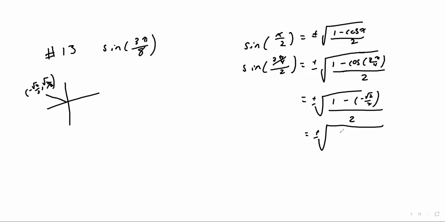So 1 plus the square root of 2 over 2, over 2. And so again, I can multiply the top and bottom by 2. And when I do that, I get plus or minus the square root of 2 plus the square root of 2, because these will cancel, over 4. And I hope that is as far as they want you to go.